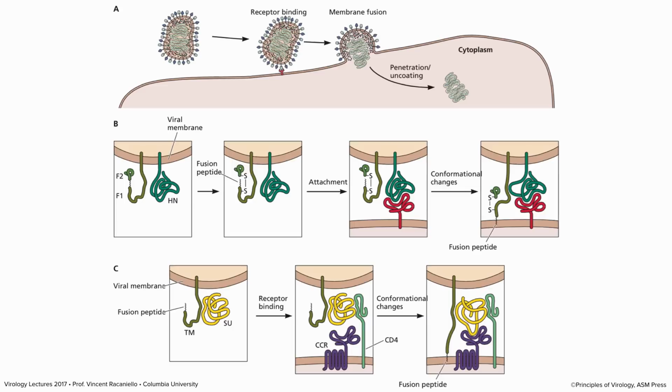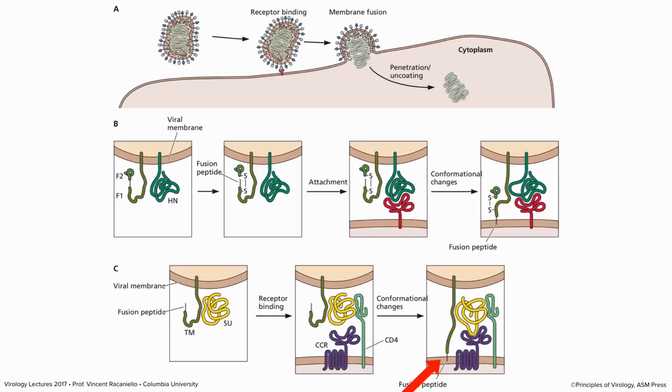The SU binds the CD4 receptor. The CD4 receptor on the cell is shown in green. Upon binding to CD4, that exposes a high affinity binding site for a second cell receptor, which is a chemokine receptor, CCR5, CXCR4. And now we have high affinity binding of the SU protein to the chemokine receptor, and that second event triggers the exposure of the fusion peptide.